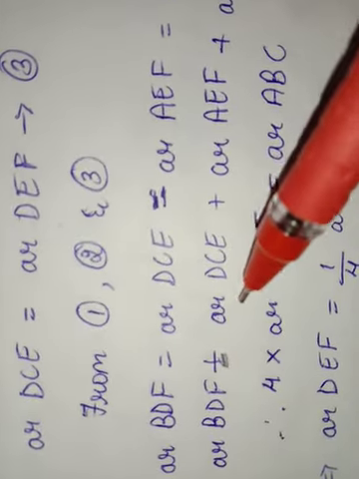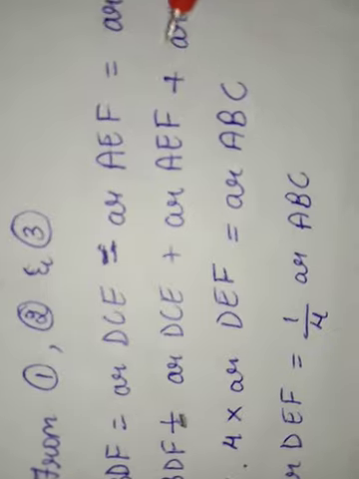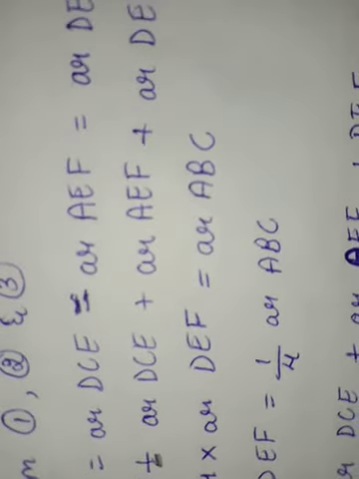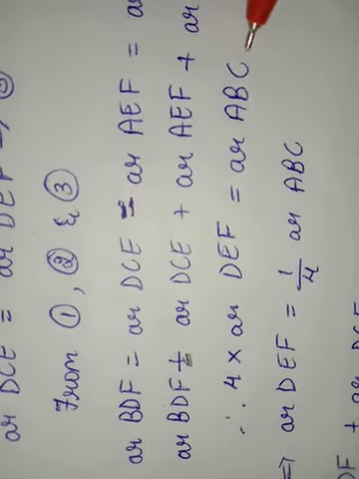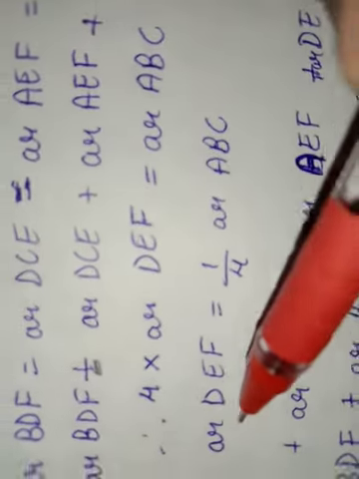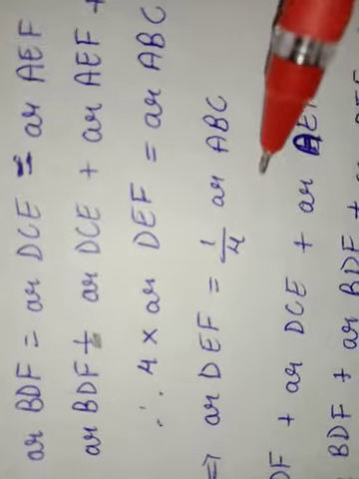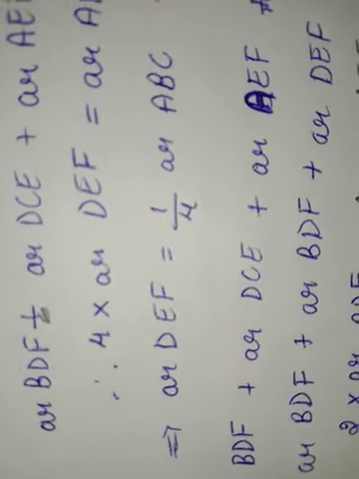The sum of all these is equal to area ABC. So, therefore, 4 times area DEF is equal to area ABC, that is area DEF is equal to 1 by 4 times area ABC.